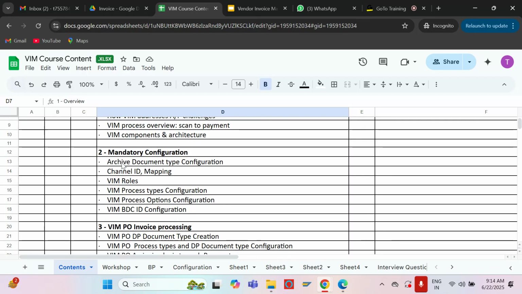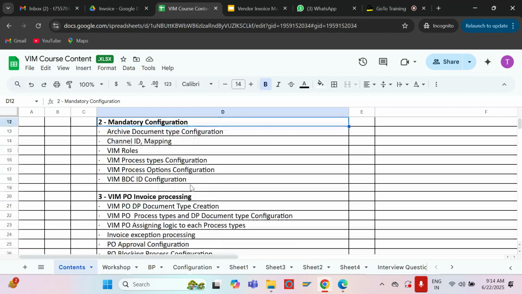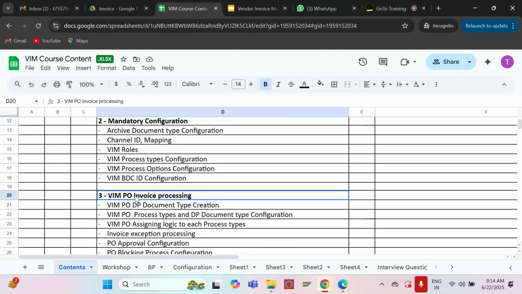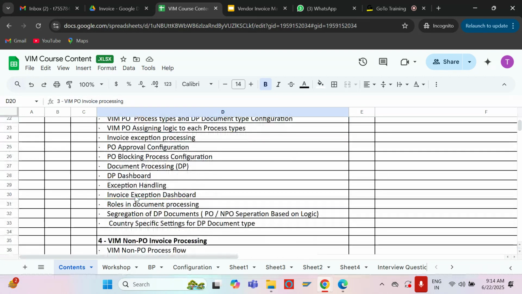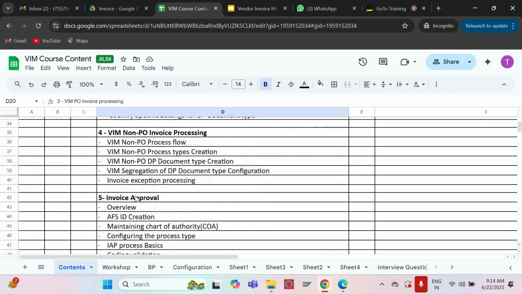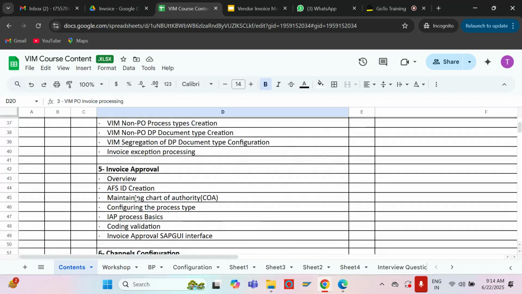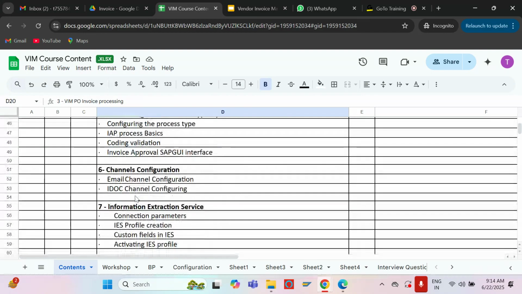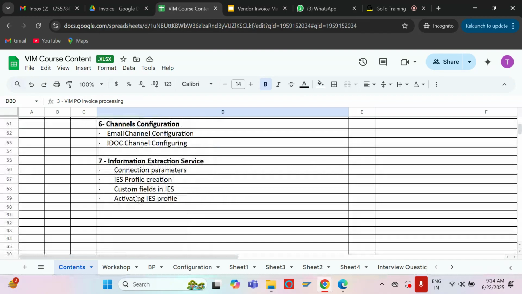Then we have some mandatory configurations. These are all the configurations in the agenda, and this is what we are going to cover. I am not going to stick explicitly to only the agenda, because it is not hard coded.